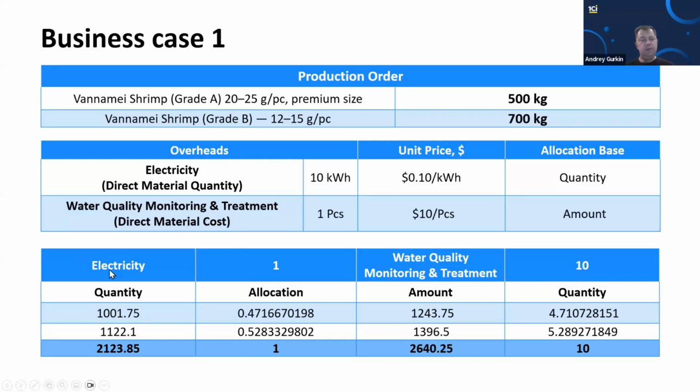On the left side, you can see electricity, and we are registering just one, in order to simplify your calculation in your head. We have this proportion of the initial quantity of the initial materials. Those are the final numbers. We do not need to calculate it. And this is exactly what our monthly closing is doing: it's allocating according to those proportions.